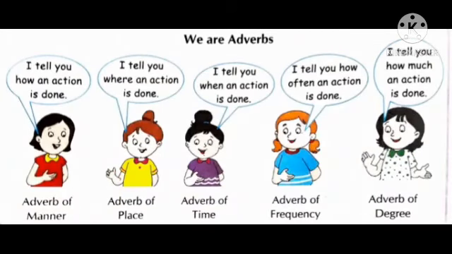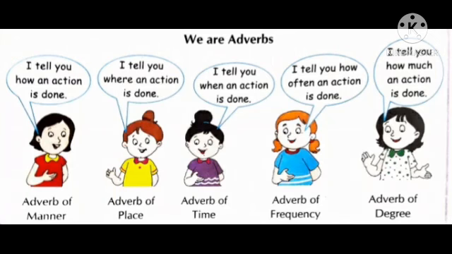So let's revise. We are adverbs. First, I tell you how an action is done: adverb of manner. The next is adverb of place. I tell you where an action is done.